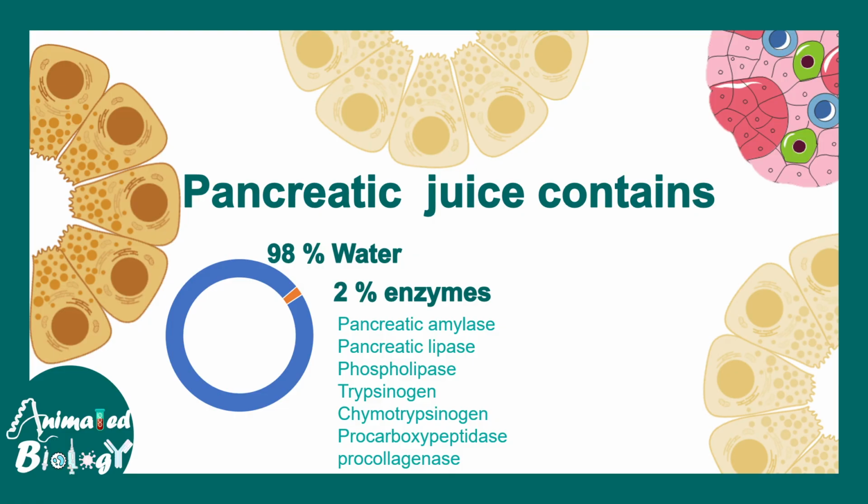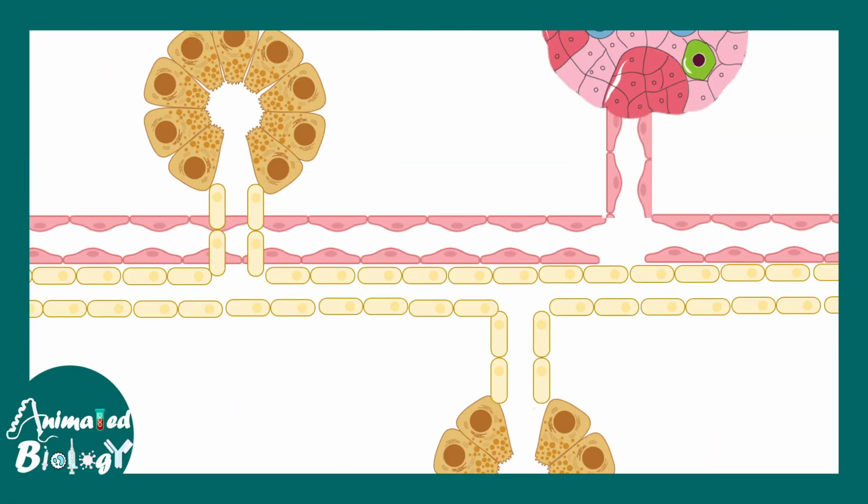Remember, all of these enzymes, trypsinogen which would give rise to trypsin, chymotrypsinogen which would give rise to chymotrypsin, are released in an inactive form, and that ensures that there is no damage within the internal cellular machinery.